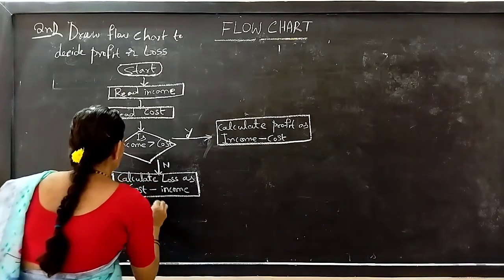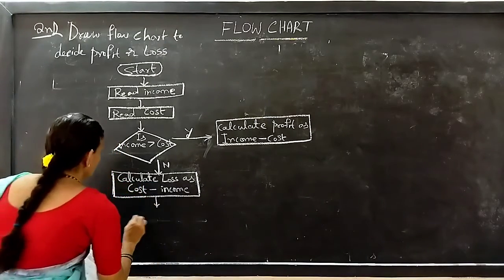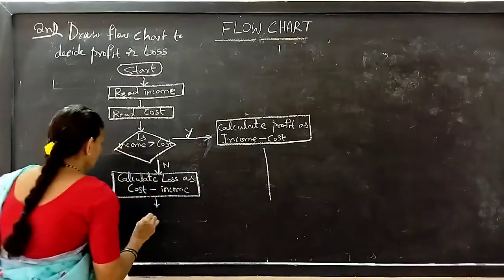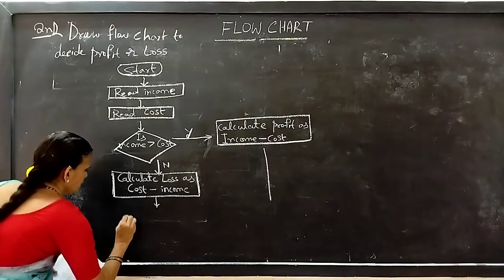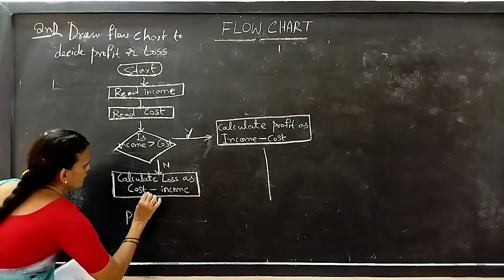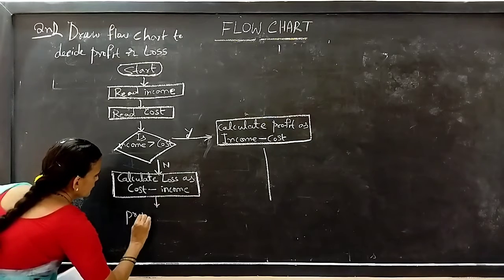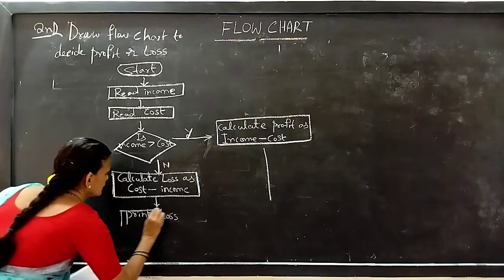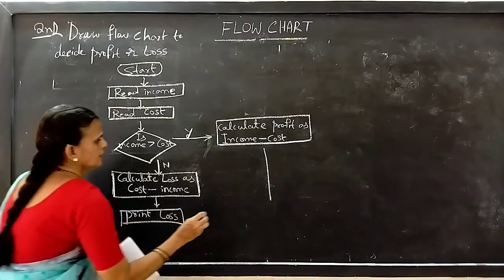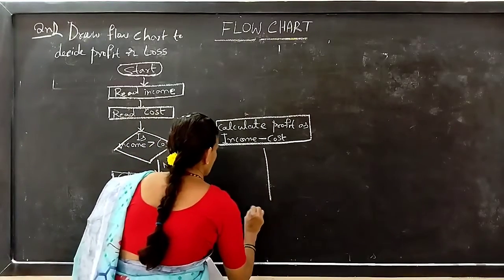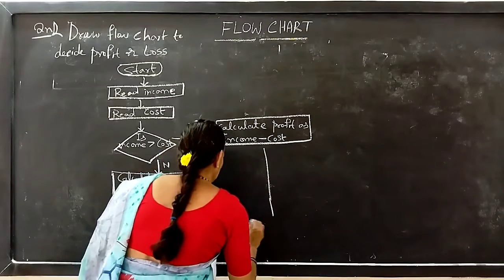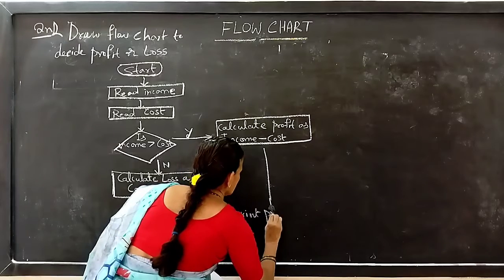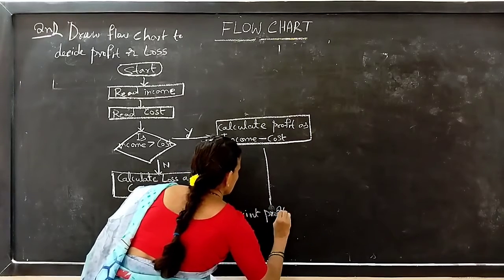Now we have to print loss or profit. So here, in this case cost minus income, we have to write print loss, and in this case we have to write print profit or gain.